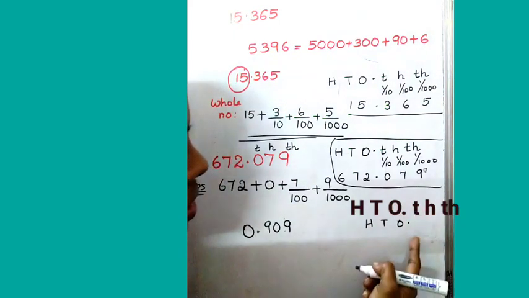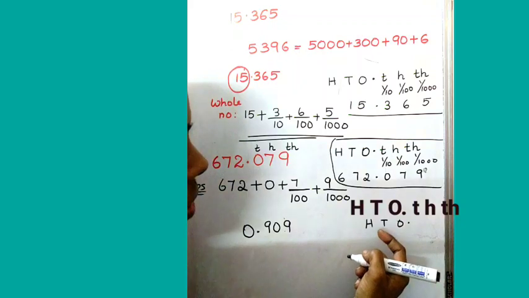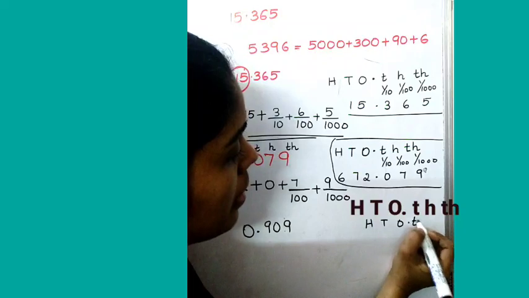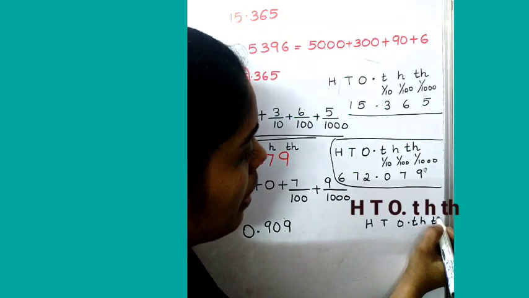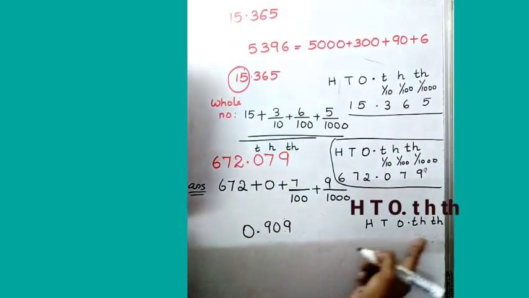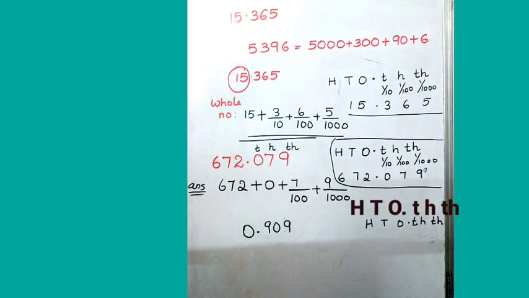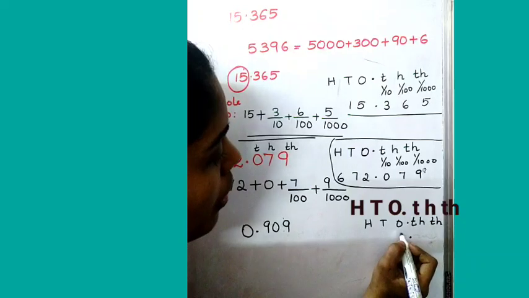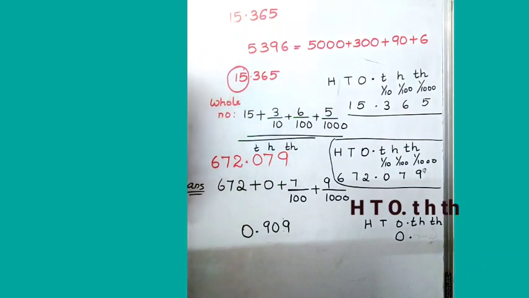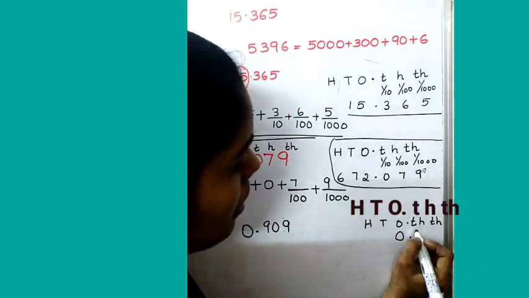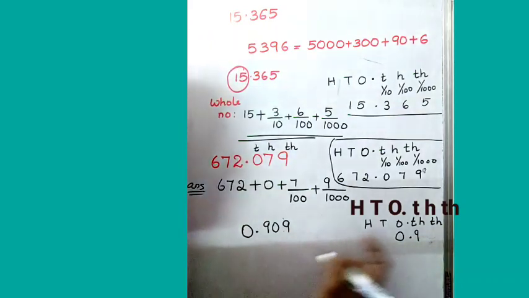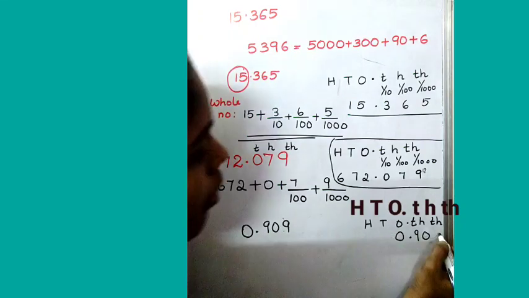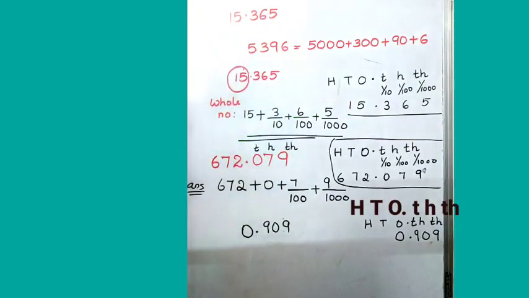The decimal number starts from the point. Then 10th place, 100th place and 1000th place. Here the whole number part is missing, so we put 0 here. Then 9 in the 10th place, we write 9. 0 in the 100th place, we put 0 here. Then 9 in the 1000th place, we put 9 here.